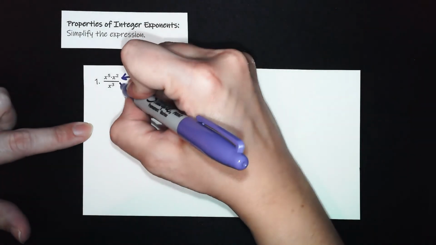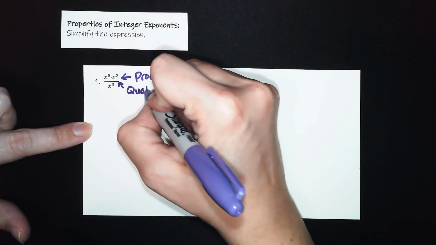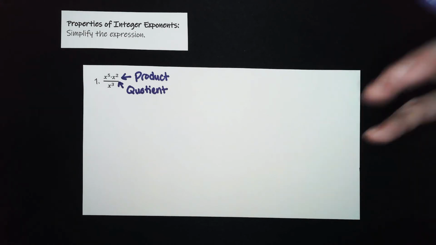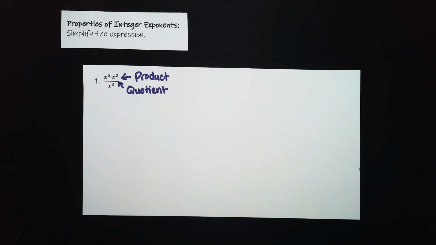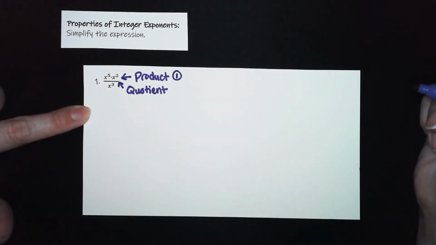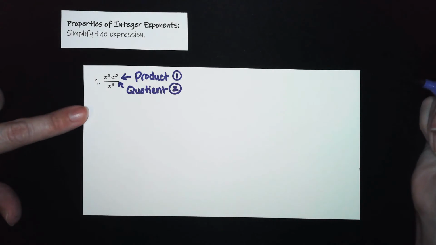And then this division is a quotient, so I'm going to use the quotient rule. I like to clean up the numerators and denominators before I deal with the quotient part. It doesn't quite matter what order you go in, but I'm going to do the product rule first, and then the quotient rule, just to keep things nice and clean.